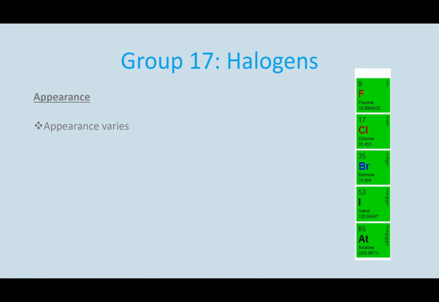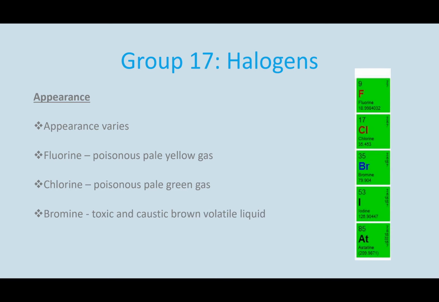The appearance of the halogens: while they share similar characteristics, the appearance does vary between all of the elements in this group. Fluorine is a poisonous pale yellow gas. Chlorine is a poisonous pale green gas. Bromine is a toxic and caustic brown volatile liquid.